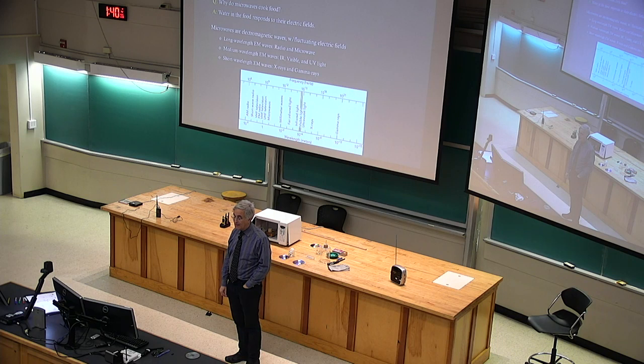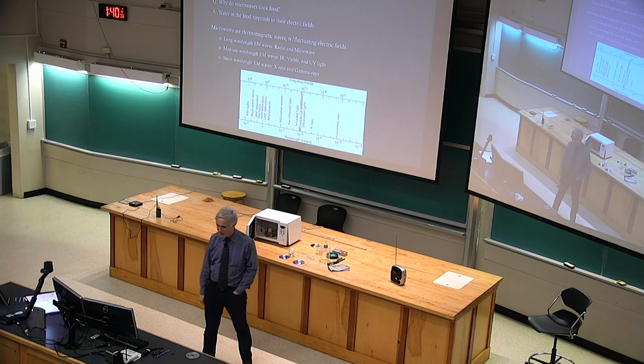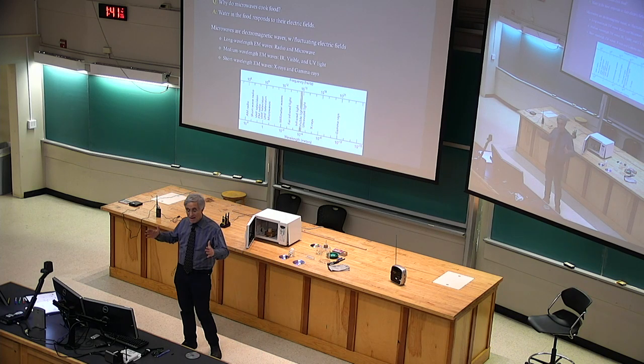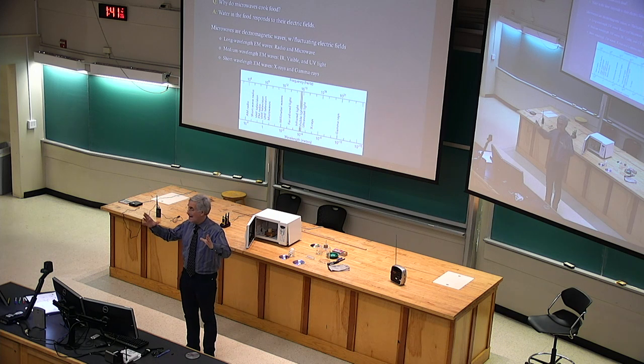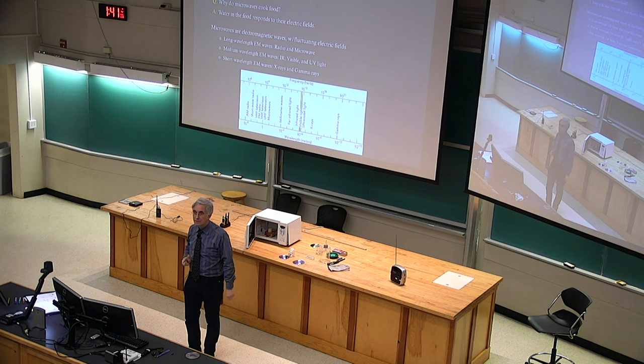In fact, the wavelength characterizes the microwave. A microwave is officially any wave that has a wavelength shorter than 1 meter, down to 1 millimeter. So that range of wavelengths, from this to this, these are all microwaves.